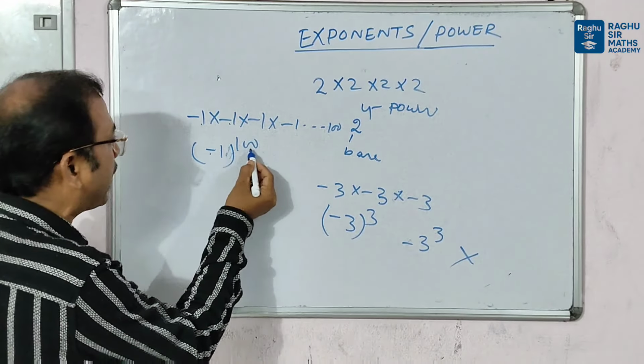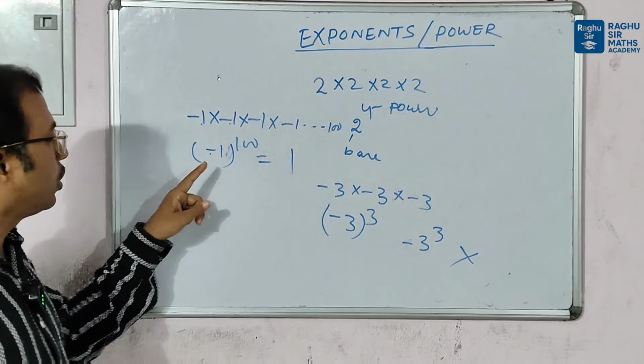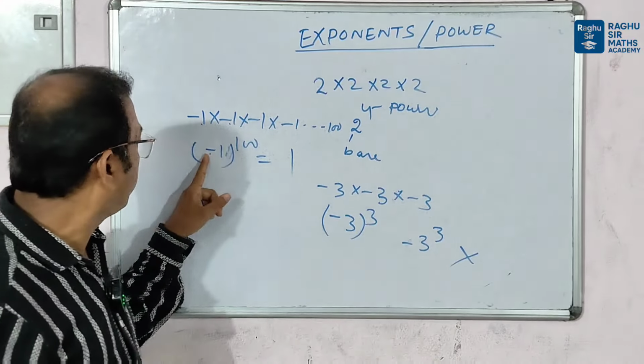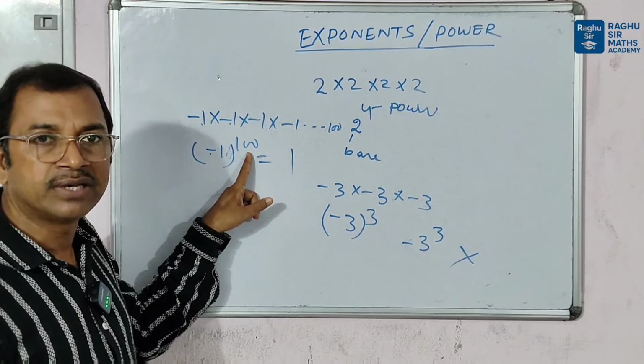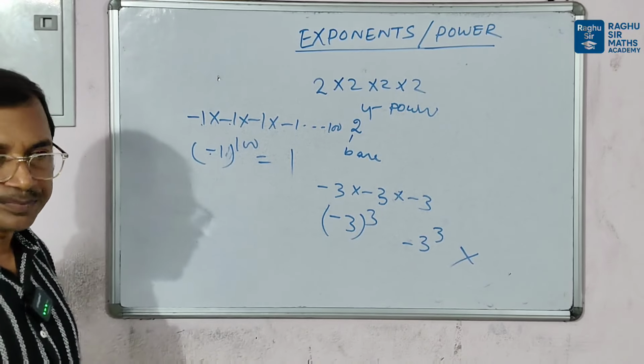So here minus 1 is multiplied 100 times, so it will be plus 1, because 1 multiplied any number of times is always 1. Okay, so this is the concept.